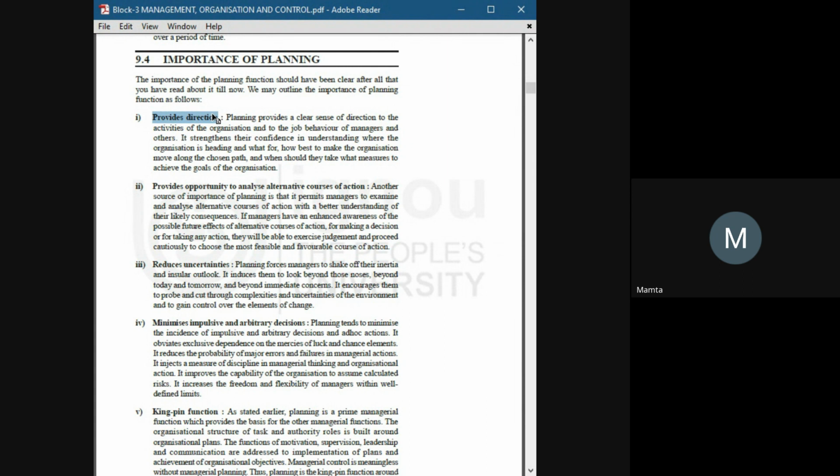Now, it provides opportunity to analyze alternative courses of action. Another source of importance of planning is that it permits managers to examine and analyze alternative courses of action with a better understanding of their likely consequences.